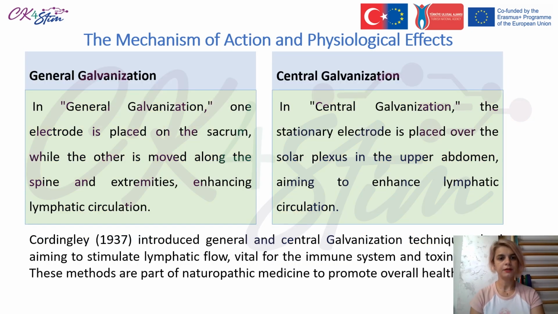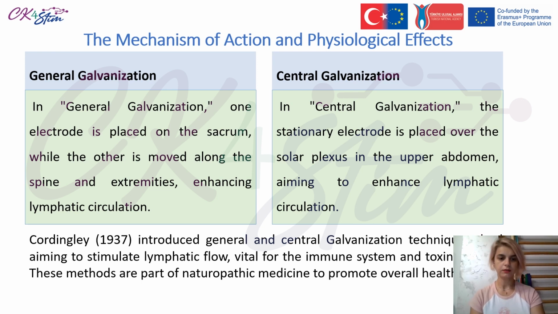In the year 1937, a study was conducted by Cordingley, and there were described two techniques known as general and central galvanization. In general galvanization, one electrode was placed on the sacrum, while the other one was moved along the spine and extremities.